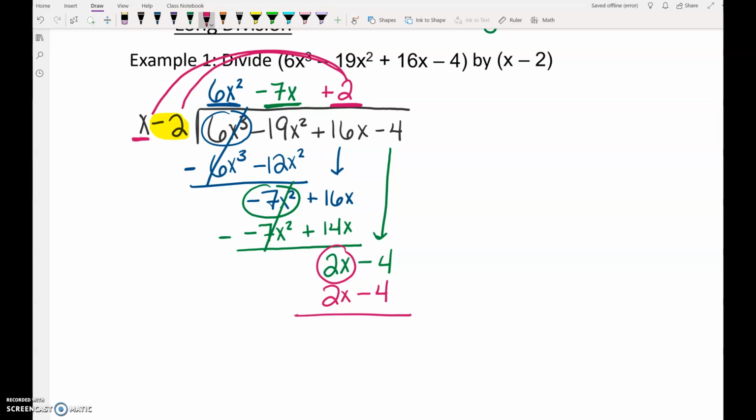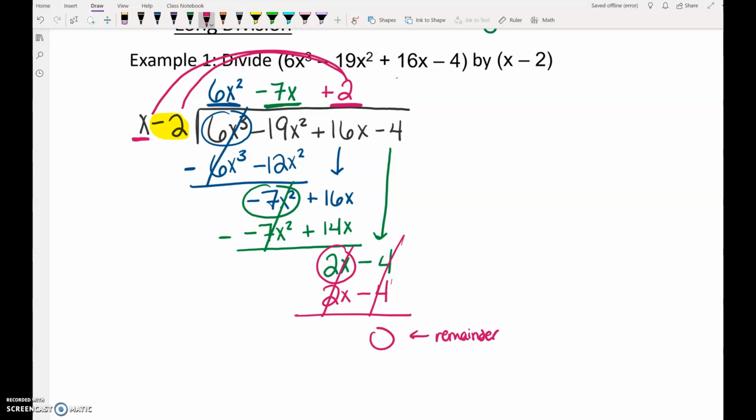Subtract. 2x minus 2x, those cancel. Negative 4 minus a negative 4, those cancel. Your remainder is 0.